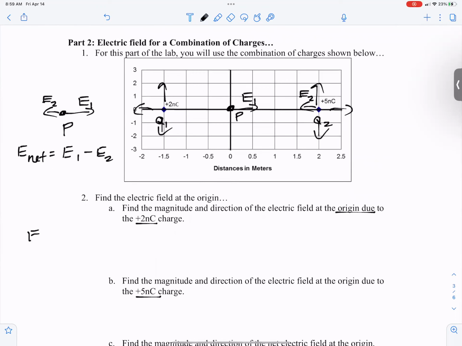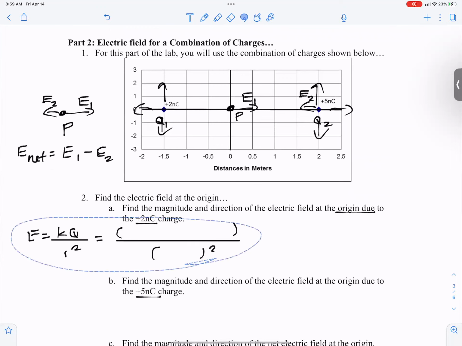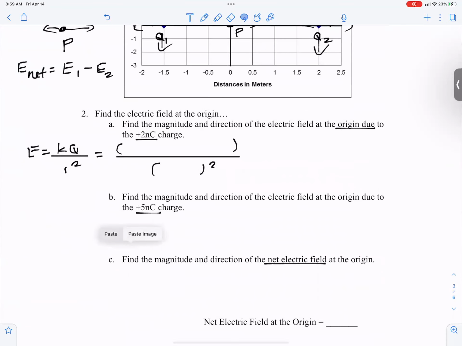So E is K times Q over R squared. We're plugging into that, and we're going to do that twice, once for both charges.